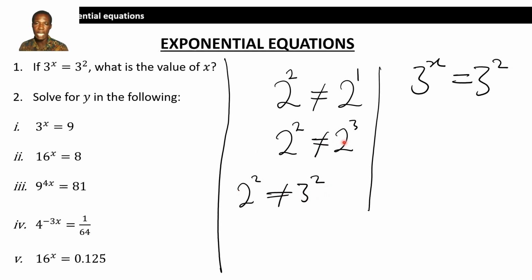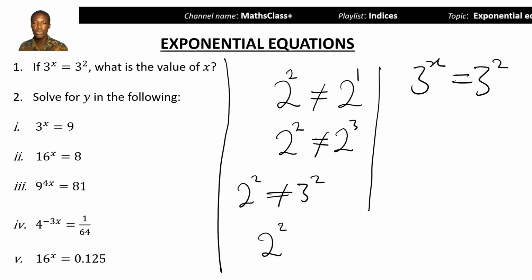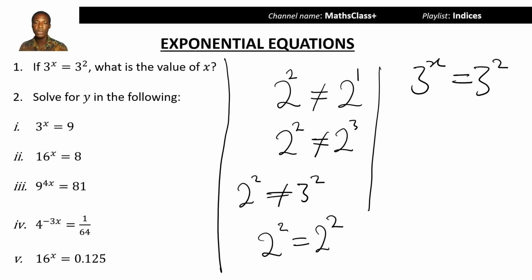If the bases are the same, 2 and 2, but the exponents are not the same, they cannot be equal. Because this will give you 4, but this one will give you 8. They are not equal. On the other hand, if you have them as 2 to the power 2 and 2 to the power 2, then they are equal.